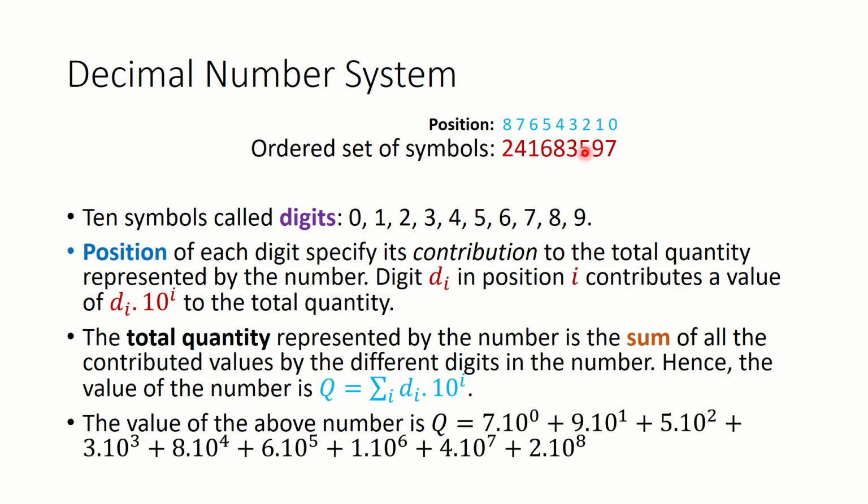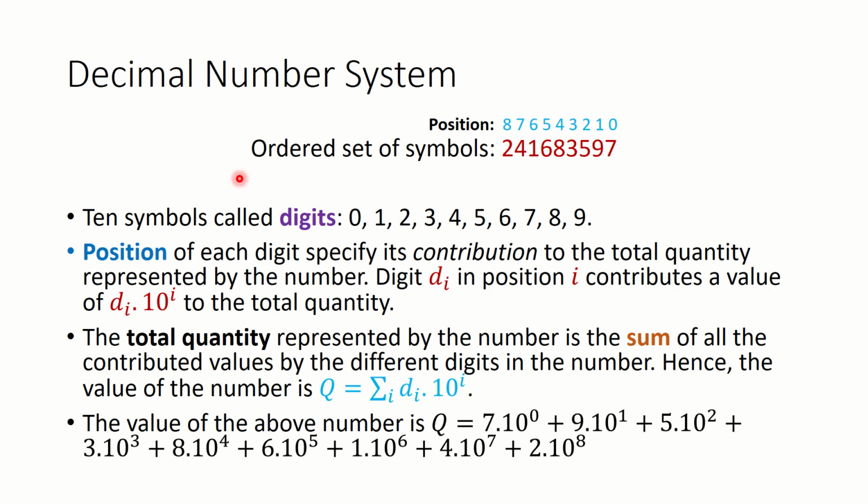Now, when we have knowledge of each of these symbols and of these positions, then with that knowledge we will be able to infer the information which is captured in this particular number, that information being the quantity or the value that this number represents. Then only we will be able to do that.